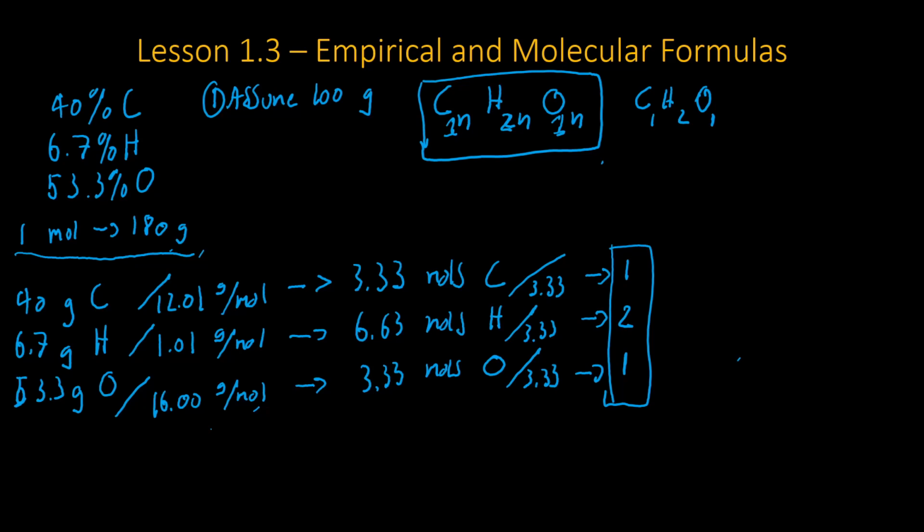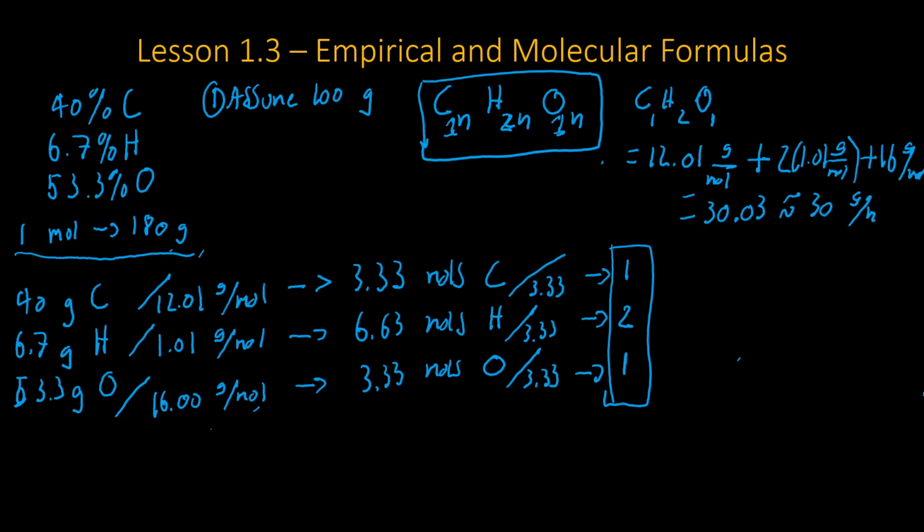Well, I know 1 carbon weighs 12.01 grams per mole, plus 2 hydrogens, so 2 times 1.01 grams per mole, and then plus 16 grams per mole. We end up with approximately 30.03. So for simplicity's sake, we're going to round that up to 30 grams per mole.